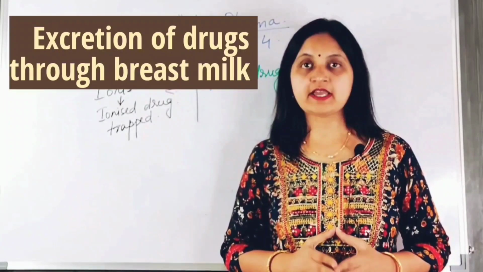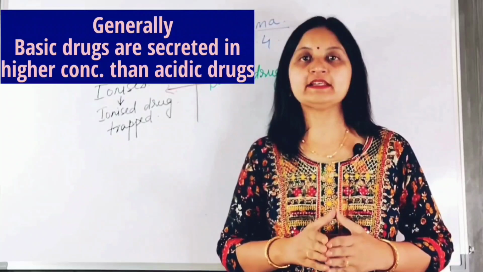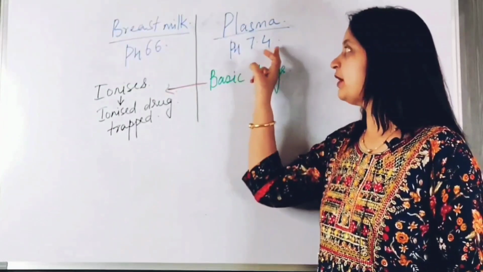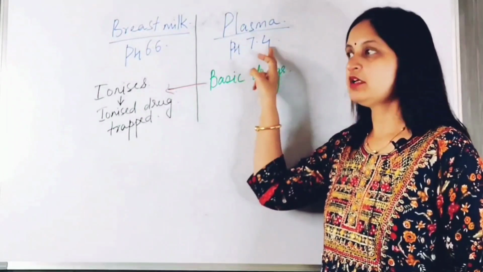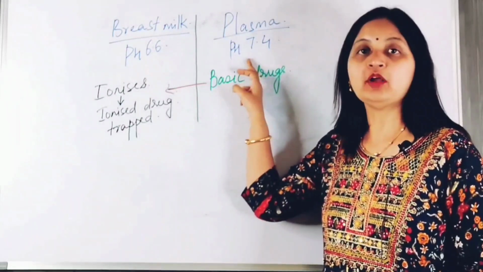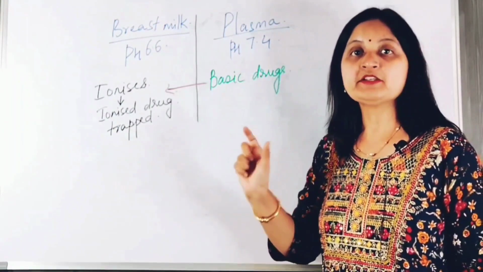Generally, the basic drugs are excreted in higher concentration in breast milk compared to acidic drugs. As we can see here, the plasma pH is 7.4. So basic drugs in presence of alkaline pH remain non-ionized, and non-ionized form of drug is more lipid soluble.